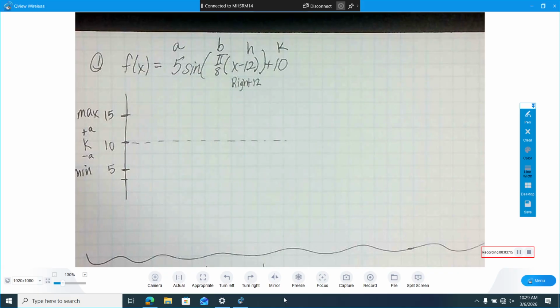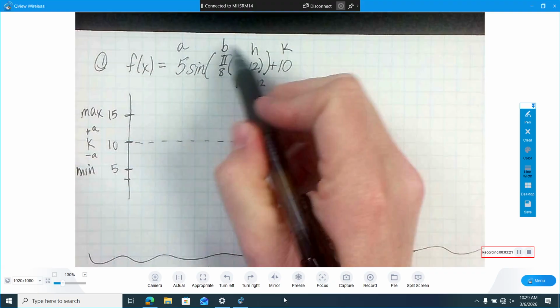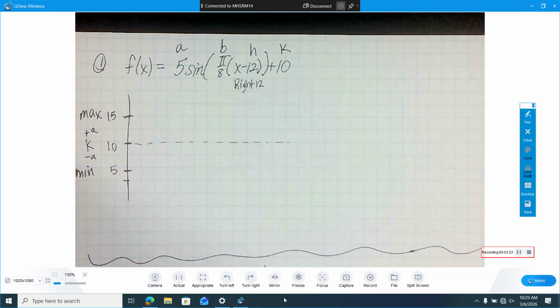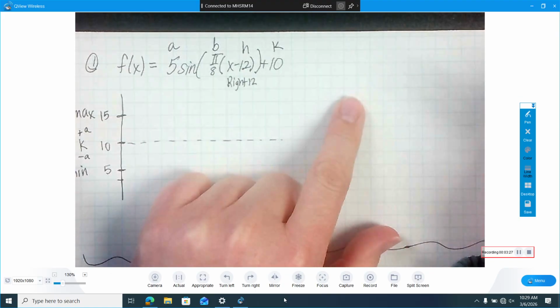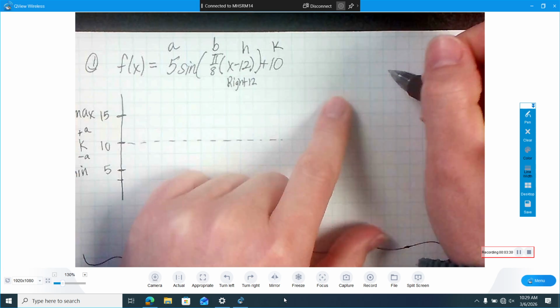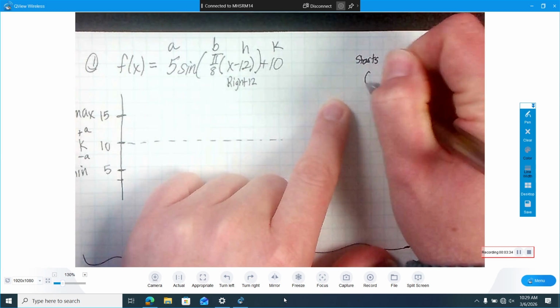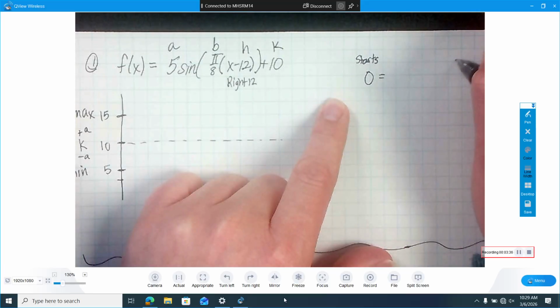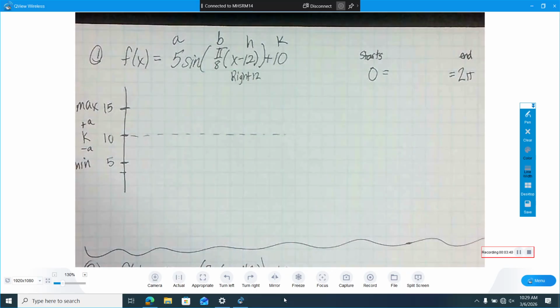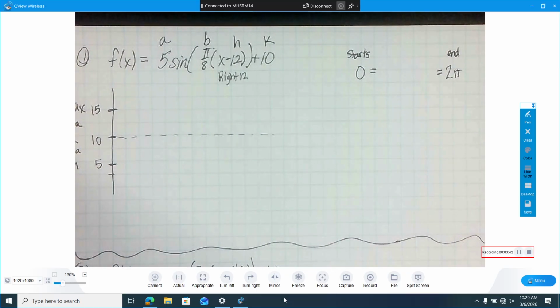Normally it starts at 0, and where does a normal curve end? 2 pi. So it starts at 0 and ends at 2 pi, and all of these changes are affecting that 0 to 2 pi. So what we can do is create a compound equation that starts, originally we started at 0, and originally we ended at 2 pi for a normal, boring sine or cosine curve.